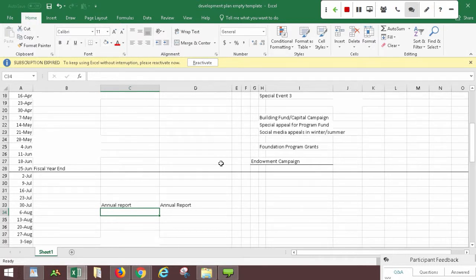And it'll list all of your donors through the previous fiscal year.